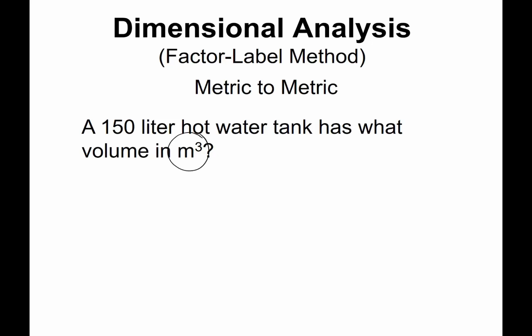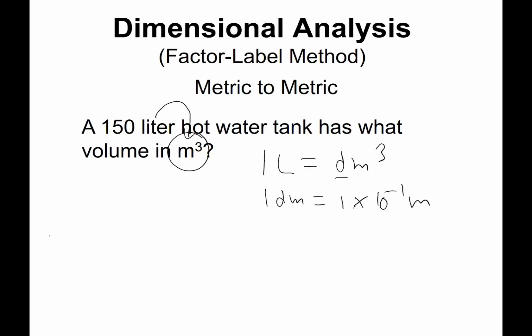If you remember the conversion factor, that 1 liter is equal to 1 decimeter cubed, then you convert from the liter to the base unit, and then the second conversion would be from decimeters to meters, and so 1 decimeter is equal to 1 times 10 to the minus 1 meters. So we have two conversion factors and we set them up in a row.